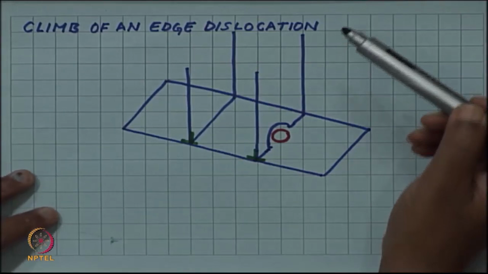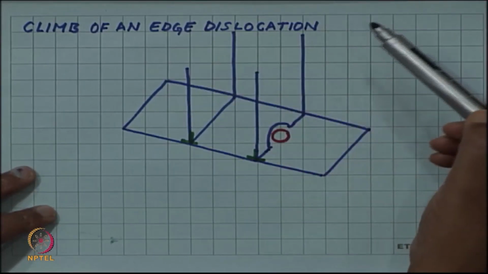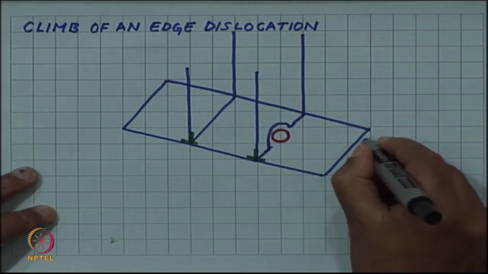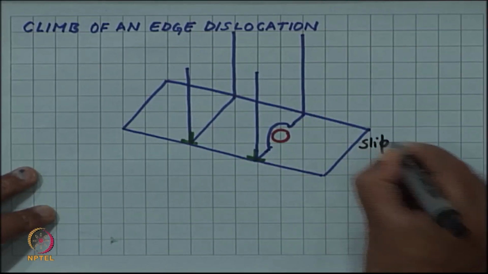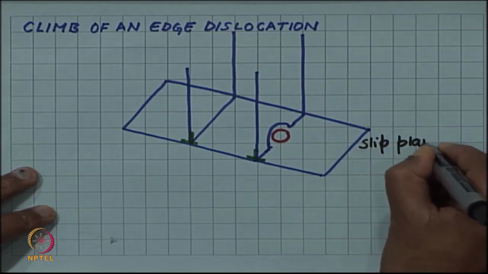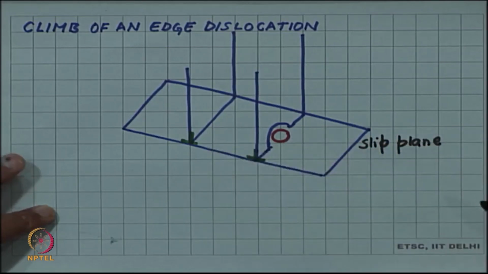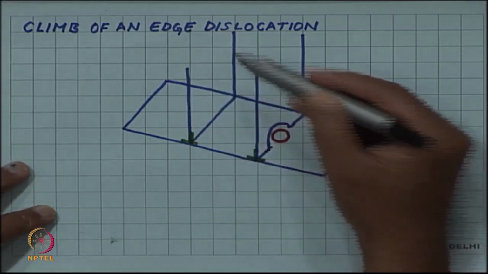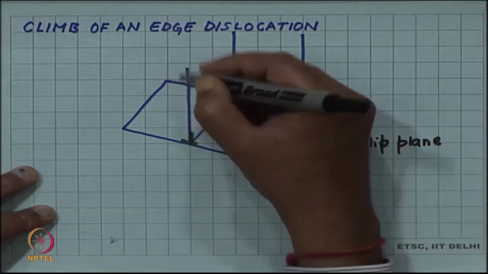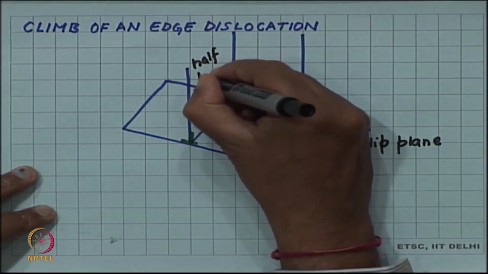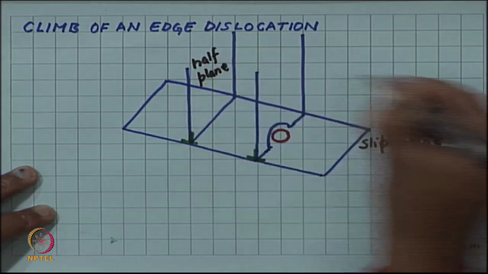Another mechanism is climb of an edge dislocation. We have shown a slip plane here. So, let us call this the slip plane. This horizontal plane shown is a slip plane. The vertical plane which I have drawn here is the half plane of an edge dislocation.